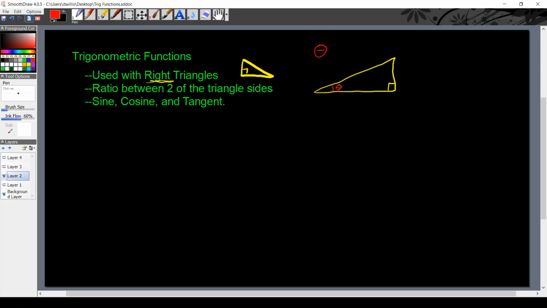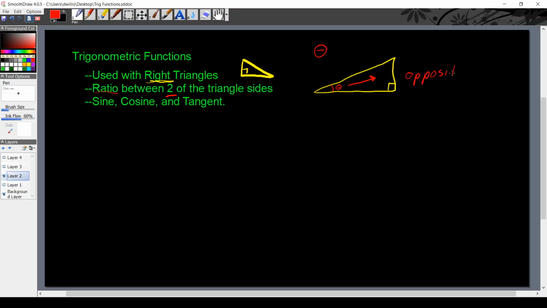Now when we look at our triangle, once I label angle theta, I can also label the sides. If we're going to talk about the ratio between two of the sides, we need to know what sides we're dealing with. The first side is the one directly across from theta, and that is going to be called the opposite side.